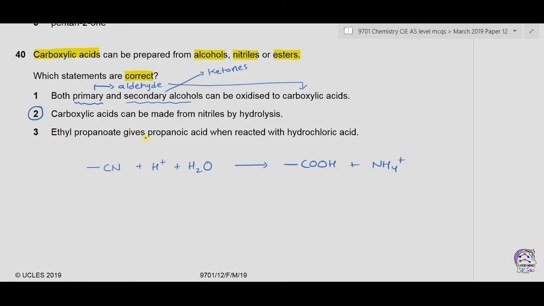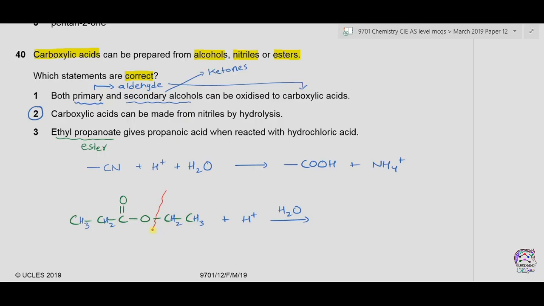3. Ethyl propanoate gives propanoic acid when reacted with hydrochloric acid. Ethyl propanoate is an ester. Let's write the chemical equation for this one. We have ethyl propanoate upon acid hydrolysis in the presence of HCl and water. It will convert into corresponding carboxylic acid and alcohol.